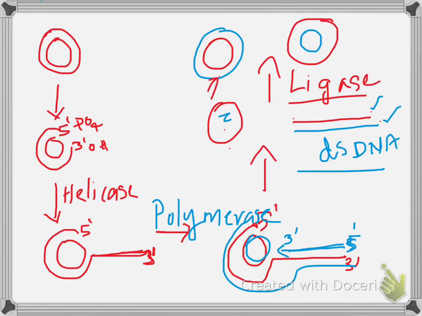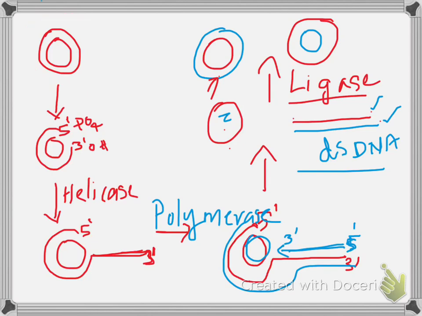So from a single strand, we get two double-stranded circular DNAs. This replication takes place like a rolling circle. That's why the name is rolling circle model of replication.